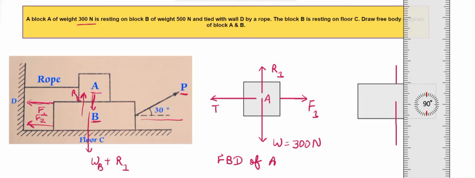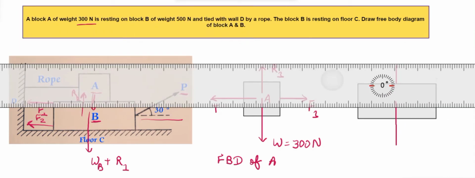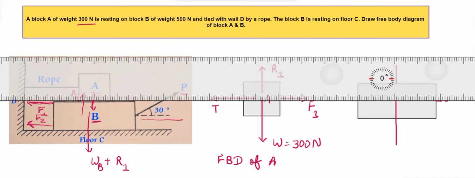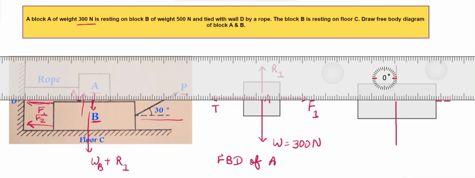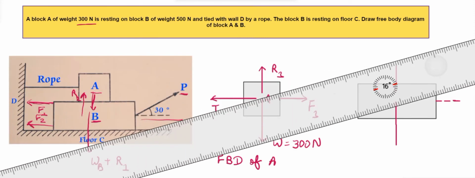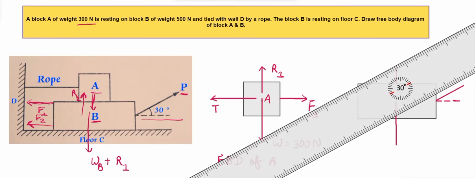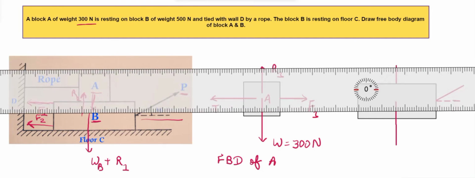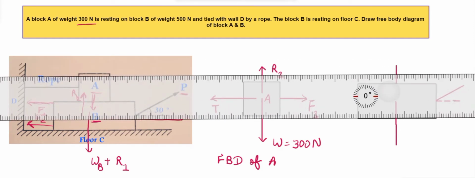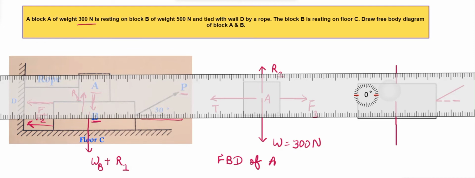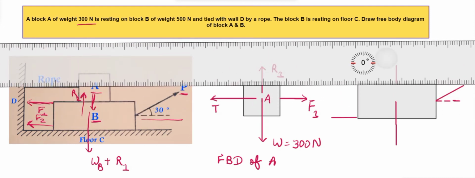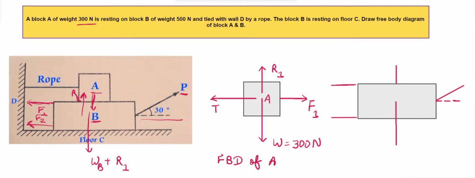Now we'll just draw this rectangle and draw a horizontal line and a vertical line. Here we'll make an inclined line in order to show the force P. And here we'll be showing friction. Due to block A, the friction is F1, and due to the ground, the friction is F2.